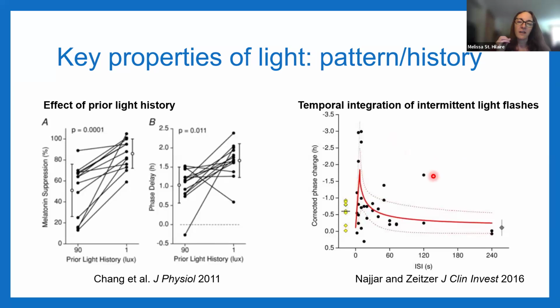Looking at light flashes that are just a millisecond long, but having a train of them over an hour with different interstimulus intervals, we see very strong phase resetting, which at the moment, as far as I know, we can't explain by any of our current mathematical modeling approaches. So that's certainly an area, I think, for future research.